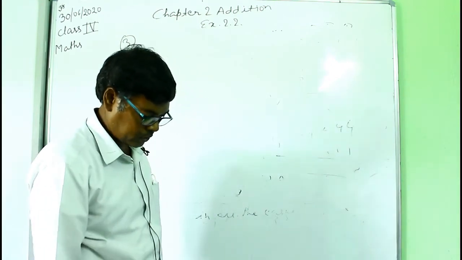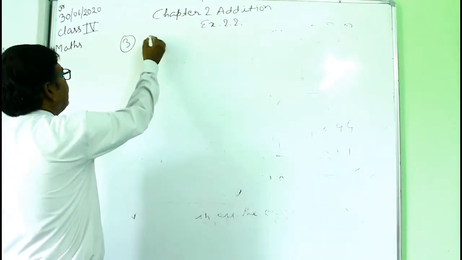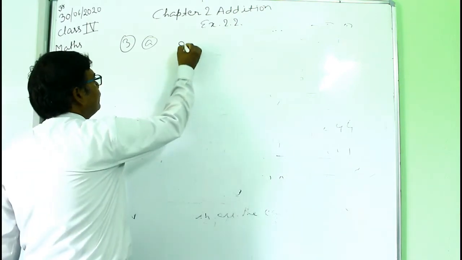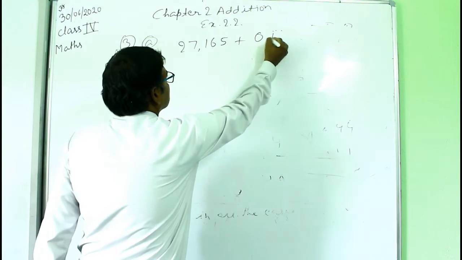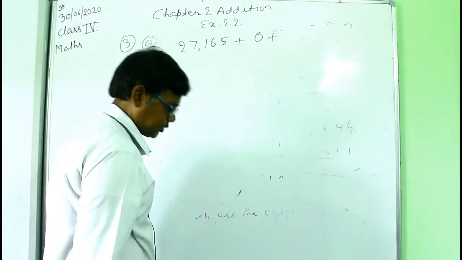Here you will use the property and fill in the blanks. So question number A, 27,165 plus 0 plus 8,369.